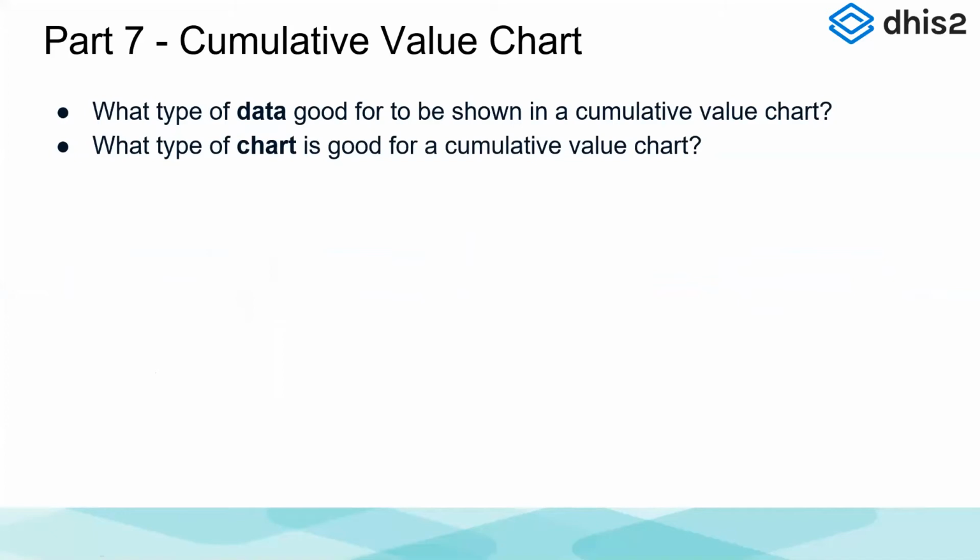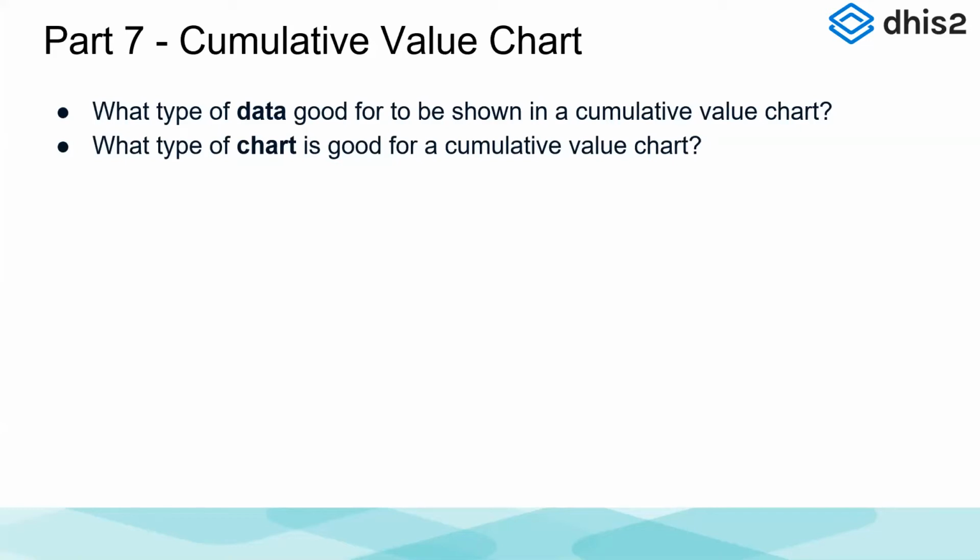So the first category value will be added to the second category. Likewise, it will be added to the end. So can anyone explain what type of data will be good to be shown in a cumulative value and what type of chart is good for a cumulative value? Can anybody answer that?